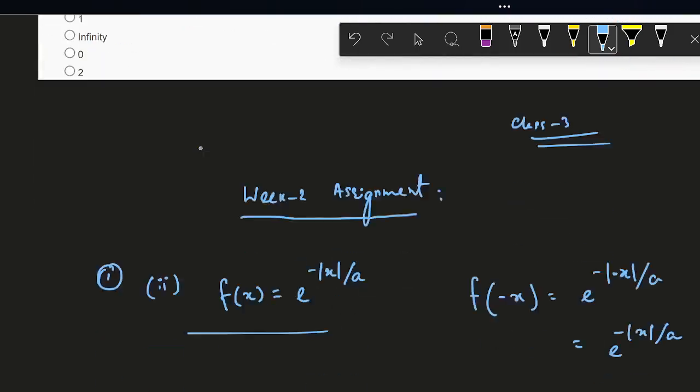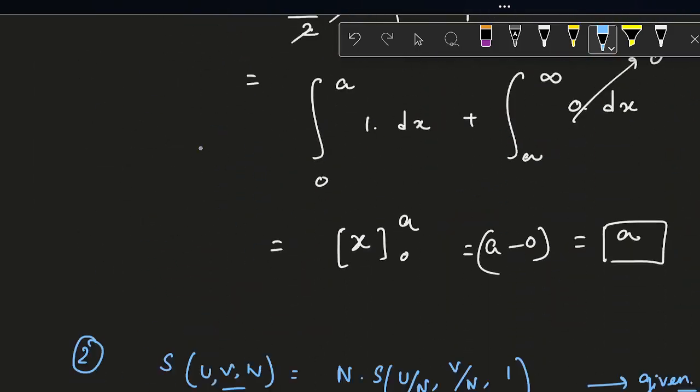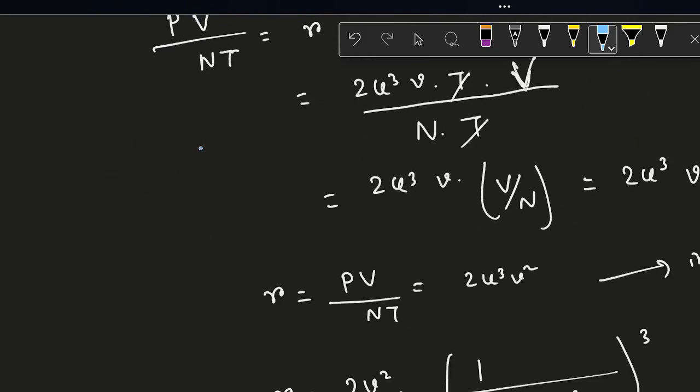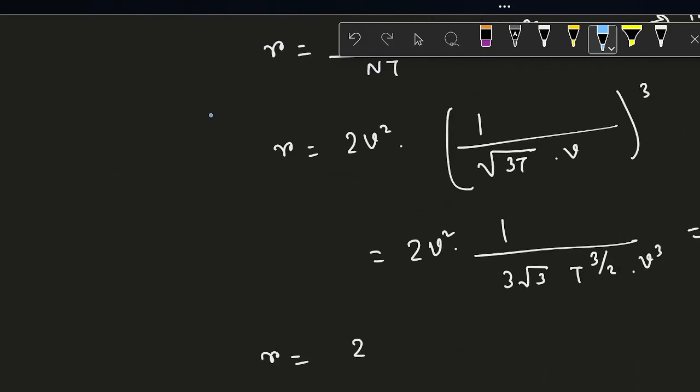Okay, so let's just try what was our expression, whether we can match to that. So ours was this 2 times, let's say we keep the 3 and t on the top, so it becomes 3t to the power of minus 3 by 2, then it is equal to simply 1 by v.